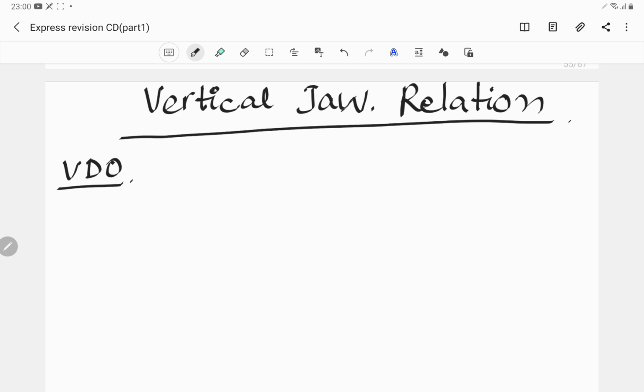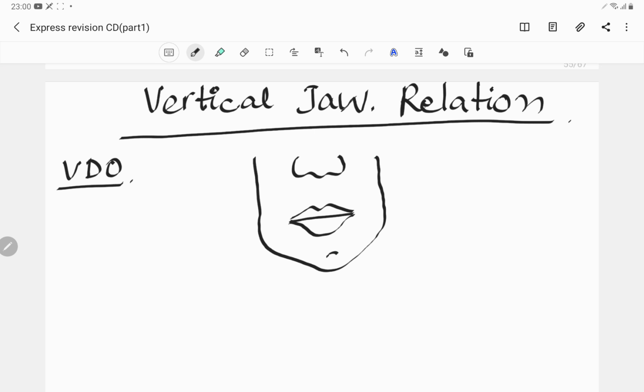Vertical dimension at occlusion: suppose this is the nose, this is the lip of the patient, and here is the chin.